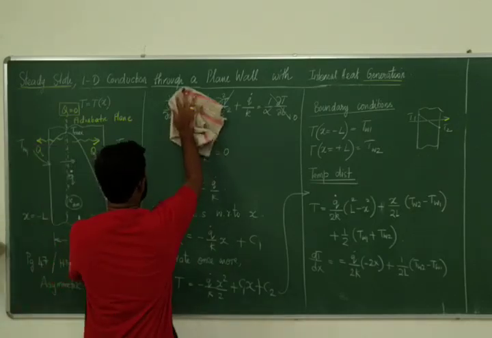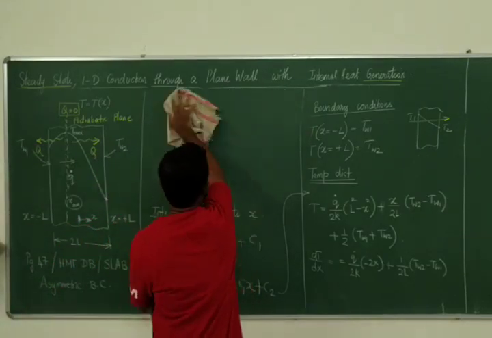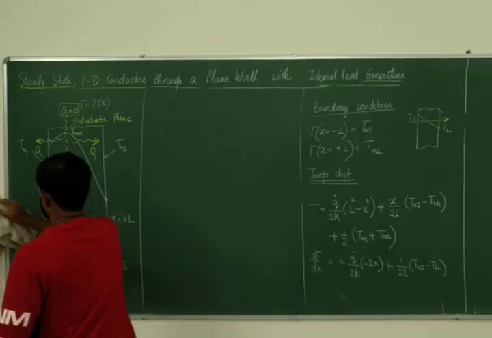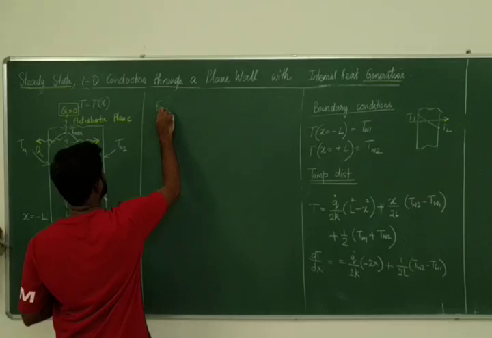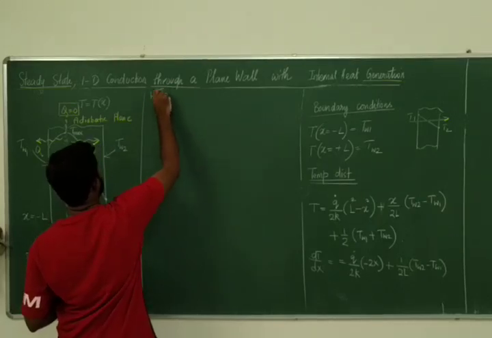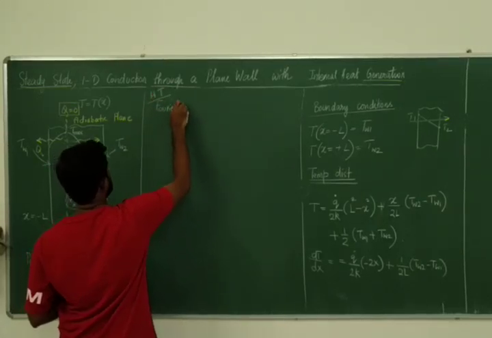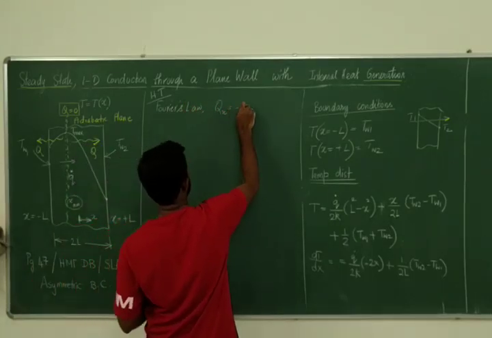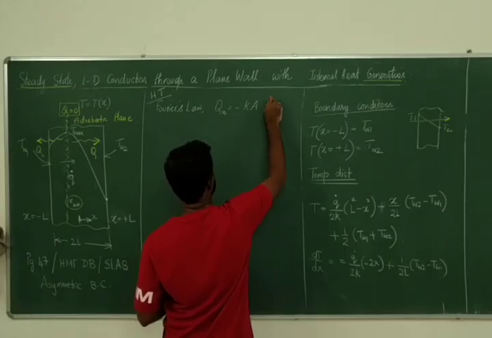Now I will write Fourier's law and derive the expression for heat transfer. The heat transfer rate, Fourier's law, Qx equal to minus kA dT by dx.